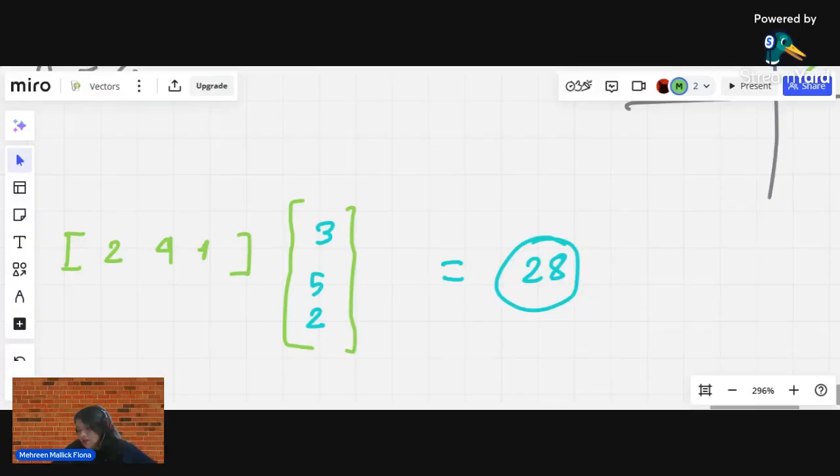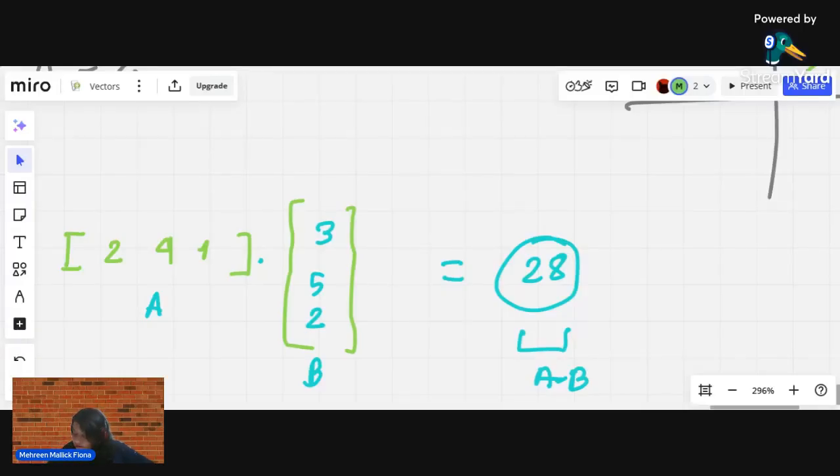Now that we have a certain value here, what is this value telling us? These two vectors are giving us a dot product. This matrix multiplication of A and B is giving us a value which is the dot product A dot B. We can also write this in another form.